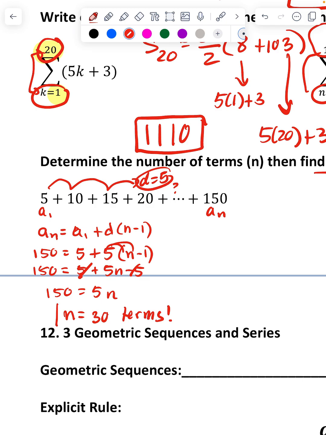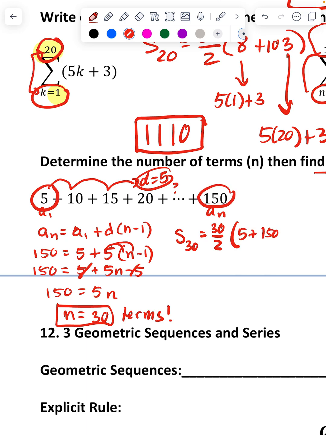Okay. Now I know I can go ahead and add up those 30 terms. This part's actually easy. 30 over 2. The first number in the list is a 5, and the last number in the list is a 150. And so I'm going to end up with 5 plus 150, which is 155, times 30 over 2.